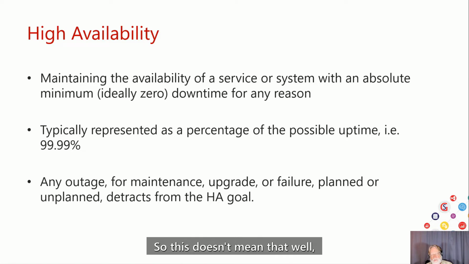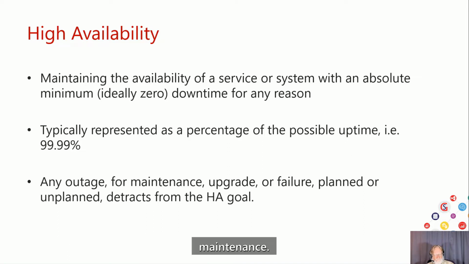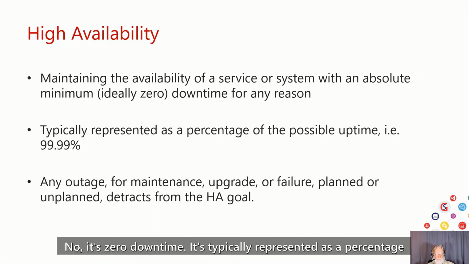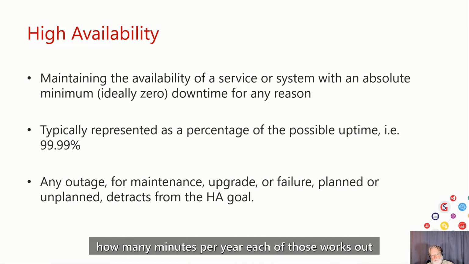So this doesn't mean that, well, except for when we decide to take it down for maintenance. No. It's zero downtime. It's typically represented as a percentage of possible uptime, i.e. 99.99% uptime. That's generally, you'll hear that referred to as 4 nines, and then there's 5 nines, 6 nines. You can do the math for how many minutes per year each of those works out to.